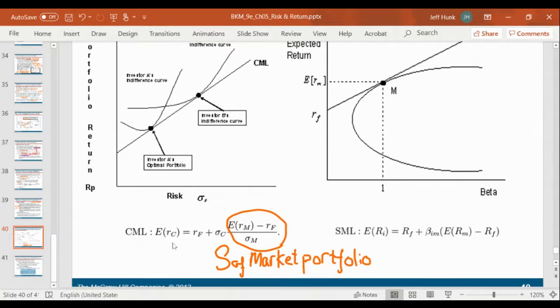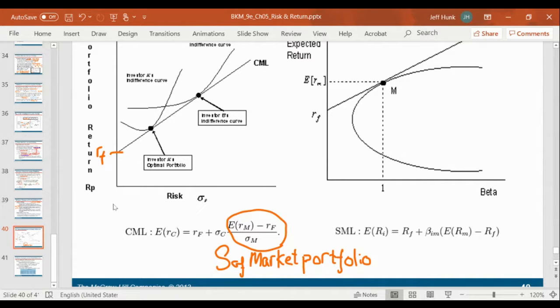The CML equation: the expected return on the complete portfolio is the vertical intercept, which is RF, right? Because that's the bottom line, the lowest you can earn.